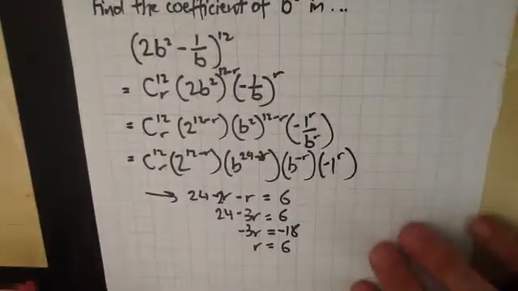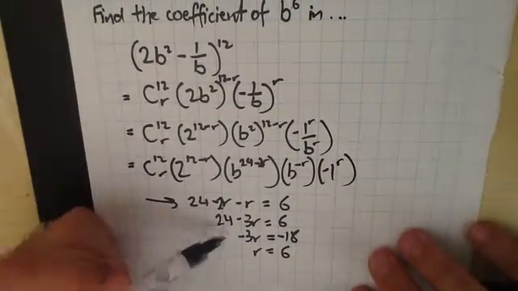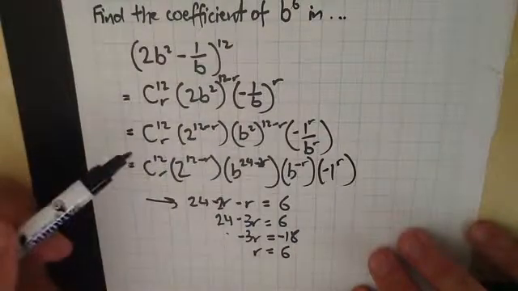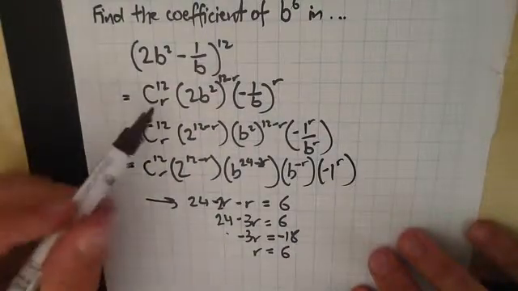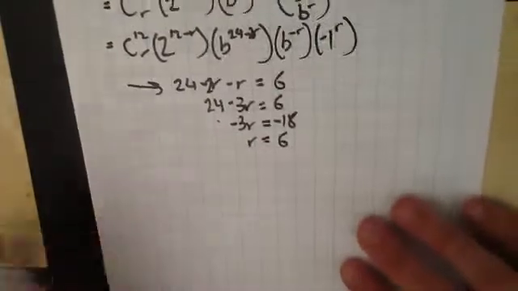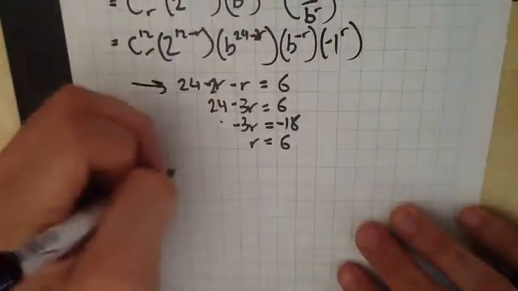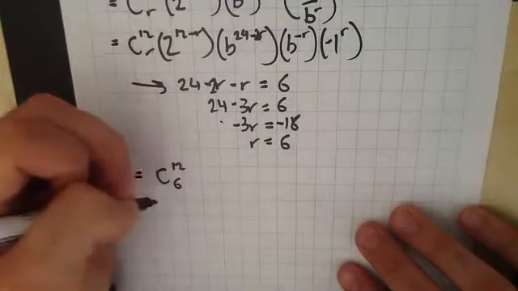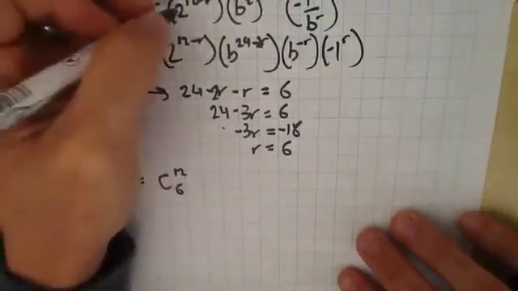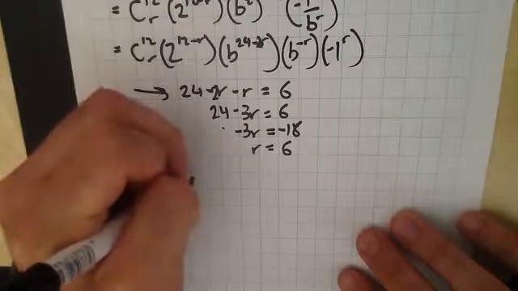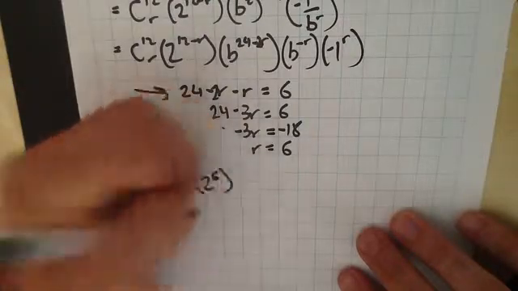Once I've found what r is, I'm just going to go back up to here and put in r, and it's all going to be very simple. r is 6. If I look at this one here, it's going to be 12 take 6, and 2 to the power of 6.